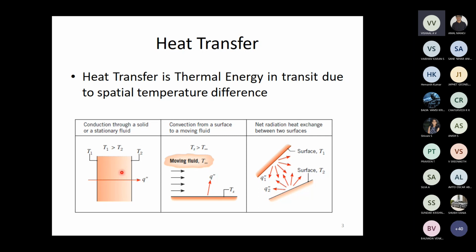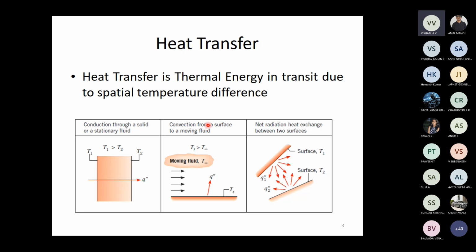In some houses the windows will have an outside glass sheet and an inside glass sheet, and in between these two glass sheets there will be an air trap. If the thickness of that air column is very small, then the air will be stationary. So in such cases, there will be heat conduction through the fluid also.